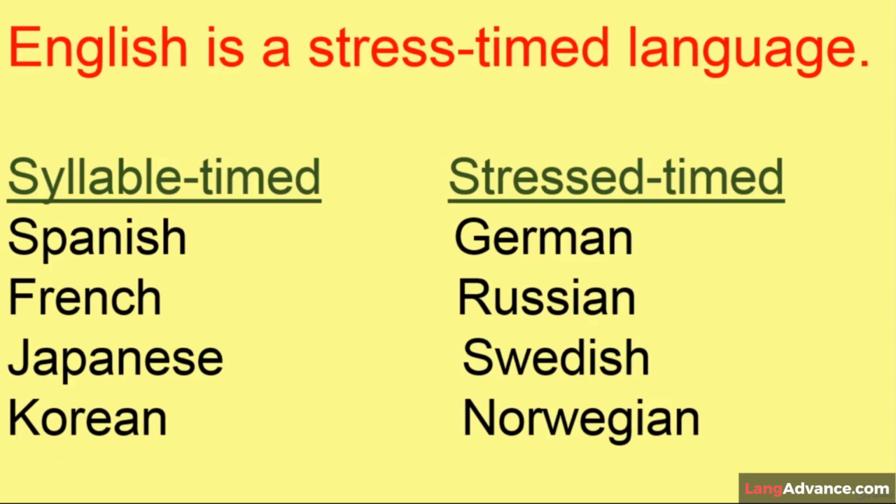Examples of syllable-timed languages are Spanish, French, Japanese, and Korean. Languages in which syllables are not given the same length of time and stress are called stress-timed languages. English is a stress-timed language. Other examples of stress-timed languages are German, Russian, Swedish, and Norwegian.